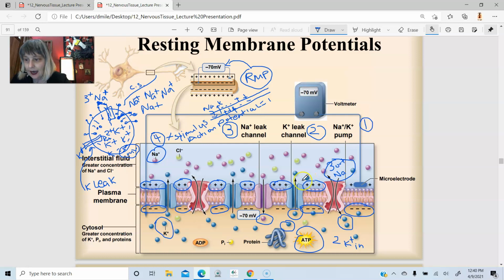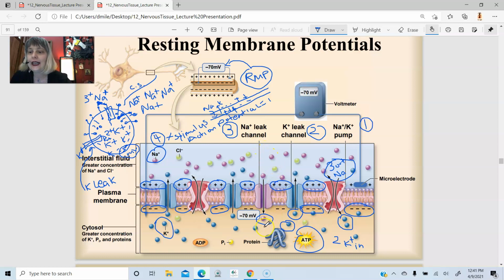Now notice I'm showing you just this leak channel, but there are multiple leak channels and multiple sodium potassium pumps, right? Okay, so this leak channel is kind of like the door is cracked open, and it means that some of the potassium is actually going to sneak through and diffuse outside of the cell, taking its positive charge with it.